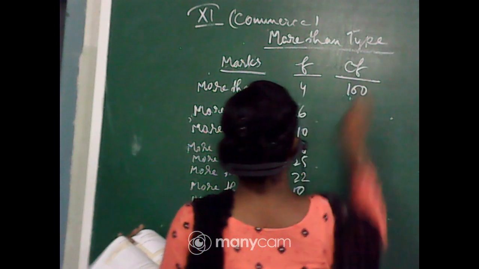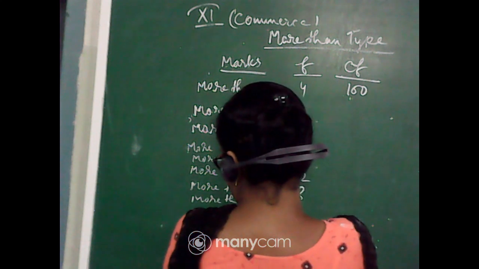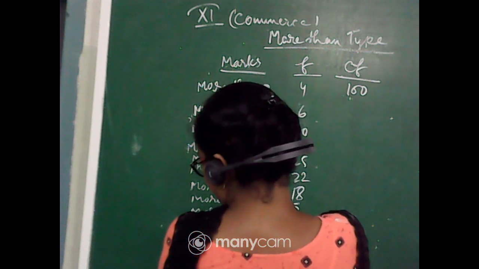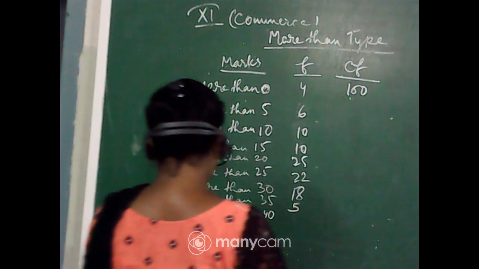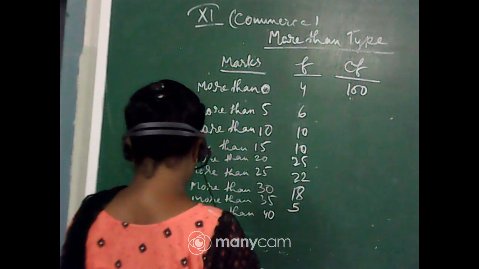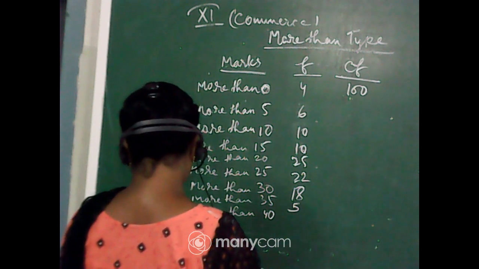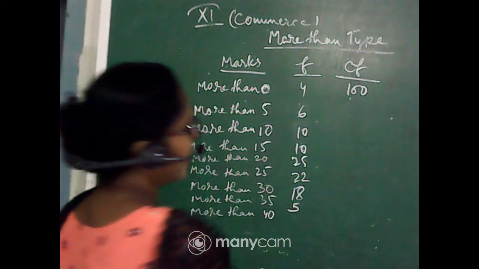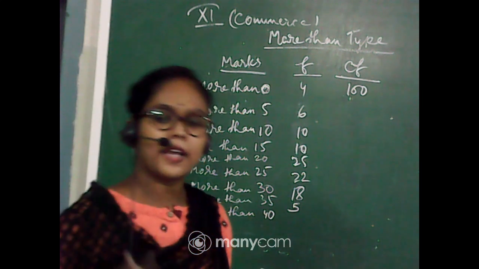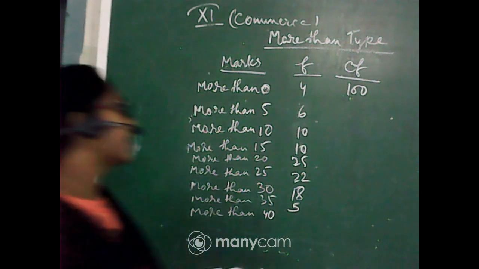So we start from the more than ogive. In this method we start from the lower limit of the first class interval, so more than 0, and for the less than type we successively add all the frequency. But here we deduct.